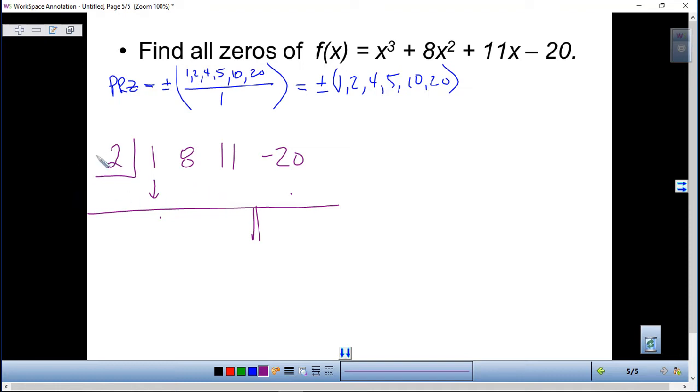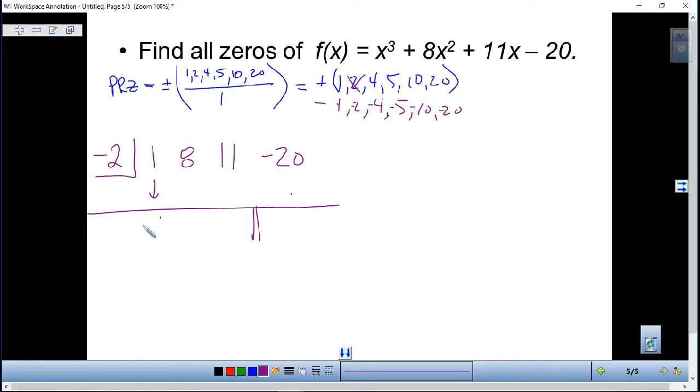While we're with the 2, let's go ahead and do a negative. So you might want to go ahead and list these out. So let's do that one, the positive, and let's do negative 1, 2, 4, 5, 10, and 20. So I know 2 does not work, so I can go ahead and mark it out. So let's try negative 2.